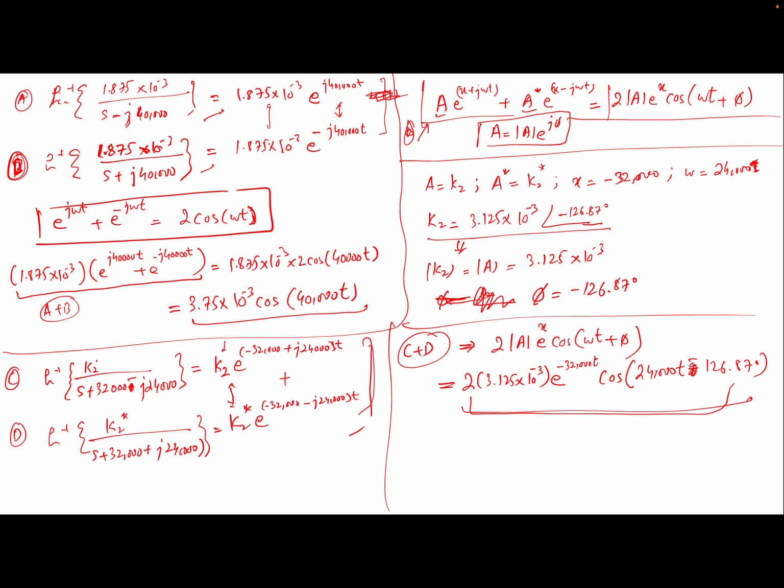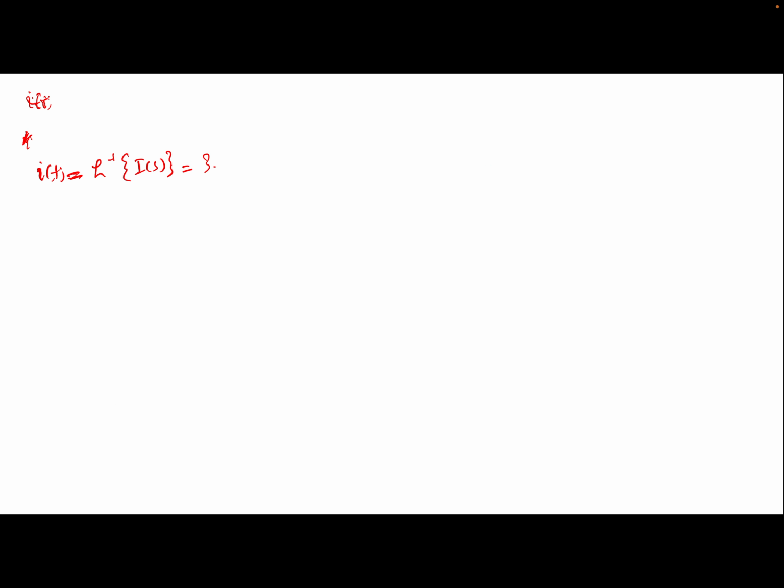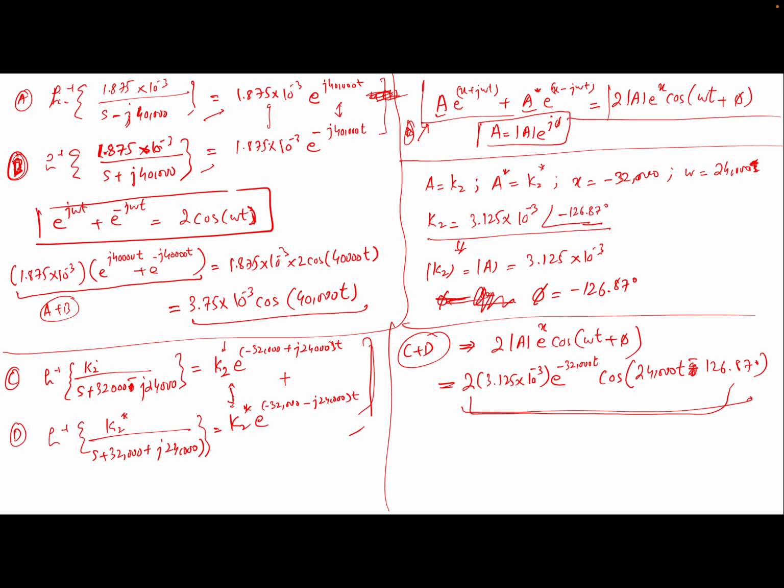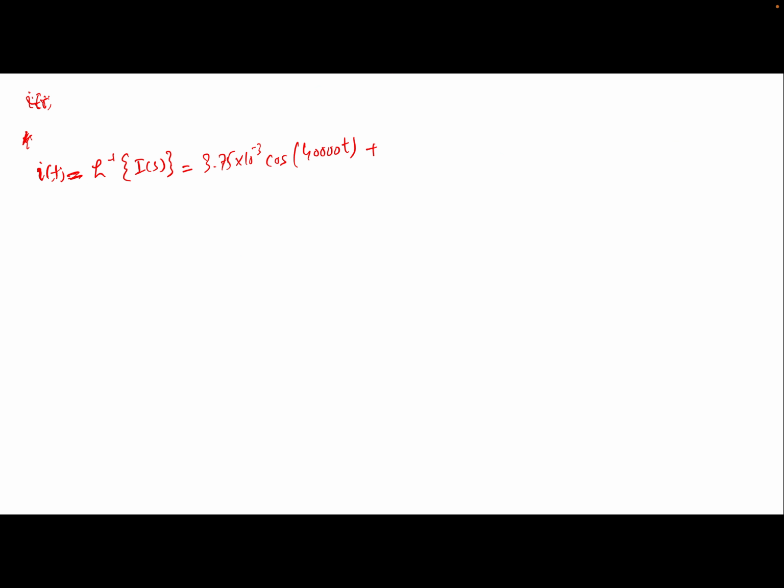So I can write 3.75 times 10 to the minus 3 cosine of 40,000 t, plus, multiplying these two things together, 6.25 e raised to the power minus 32,000 t times cosine of 24,000 t minus 126.87 degrees.